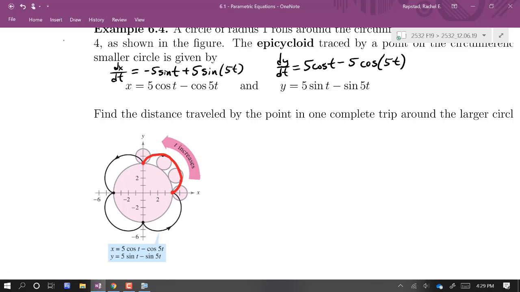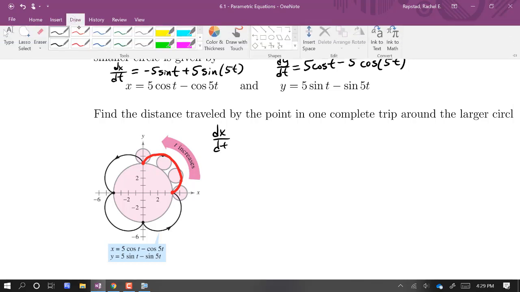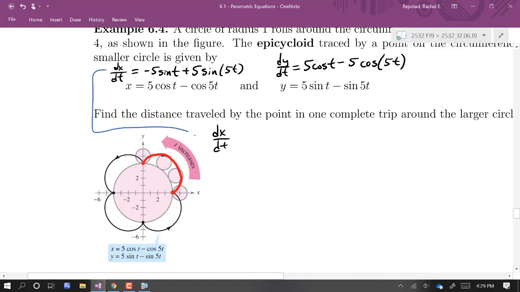So let's see. I think next I'm going to do a little algebra. I'm going to take that dx/dt and factor out a 5, and then I like starting with positive terms, so I'm going to reverse the order of the terms.